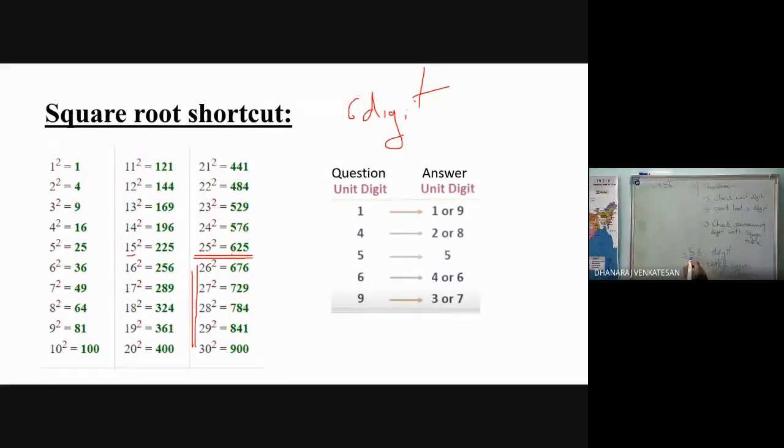All 4 digit, 5 digit and 6 digit numbers will have their roots in 2 digits only. This is the first thing you have to remember. So for this sum, 4356, the root will be 2 digits.